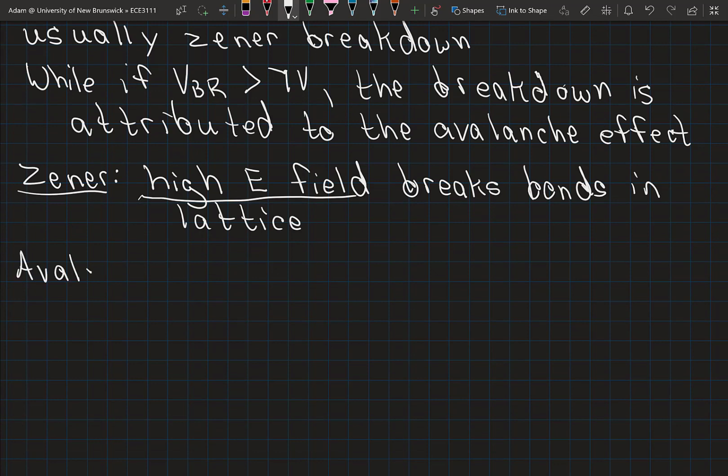Whereas the avalanche effect is a little different.